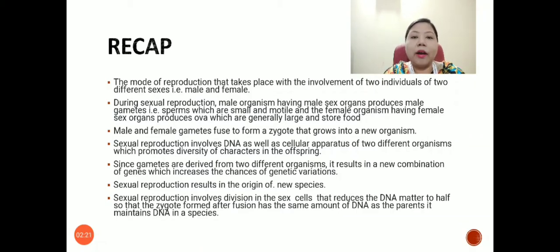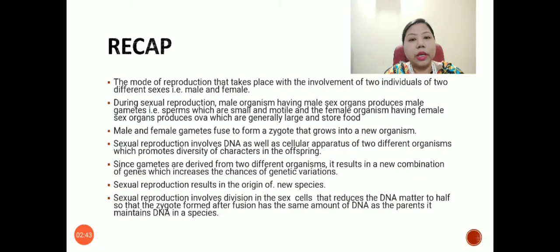Since gametes are derived from two different organisms, the resultant new combination of genes will increase the chance of genetic variation, and as a result it will be advantageous for the whole population. Sexual reproduction results in the origin of new species also.